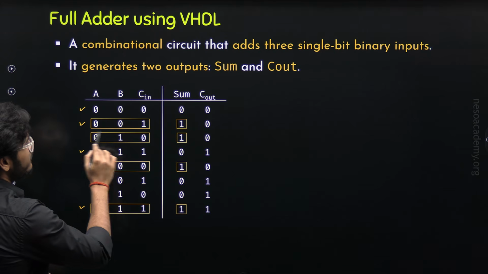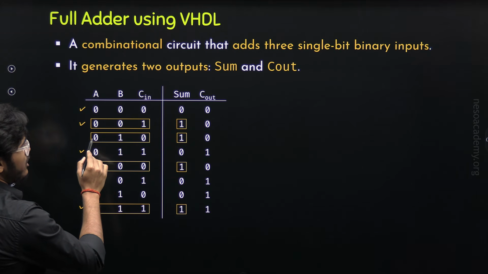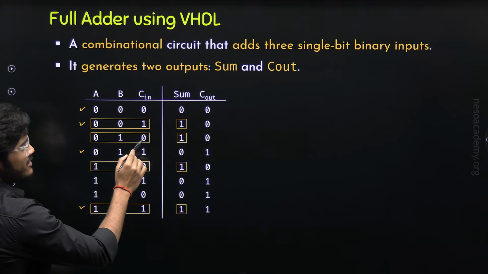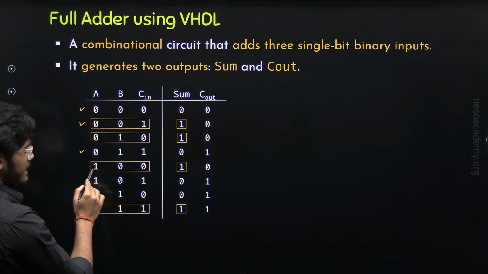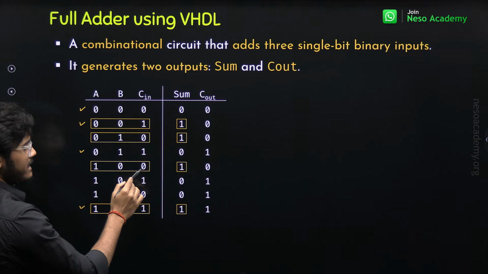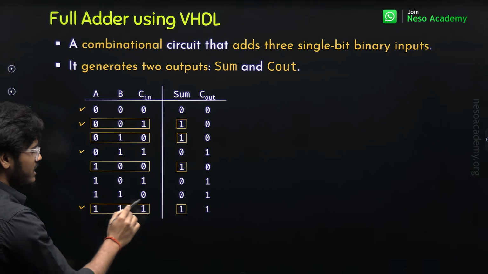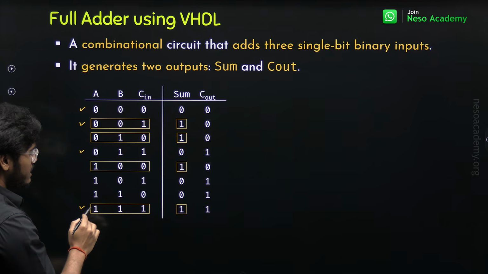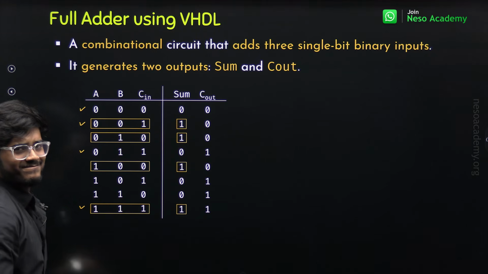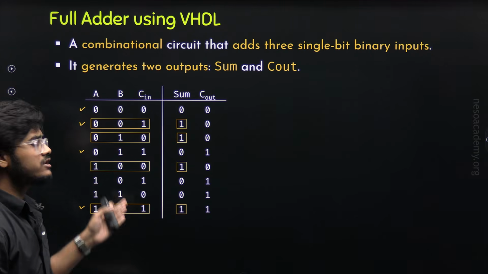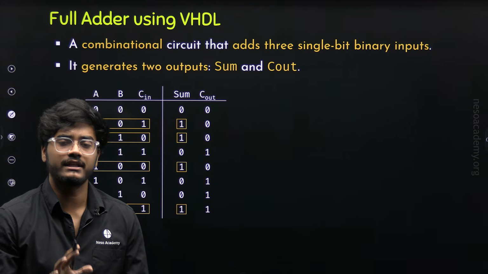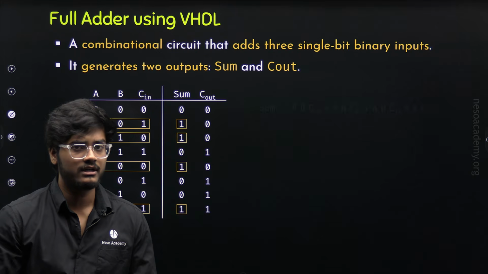Now, the minterm for this input combination is A complement, B, Cin complement. The minterm for this input combination is A, B complement, Cin complement. And the minterm for this input combination is A, B, Cin. Now we will perform the OR operation between these four minterms to generate the Boolean expression for the output sum.